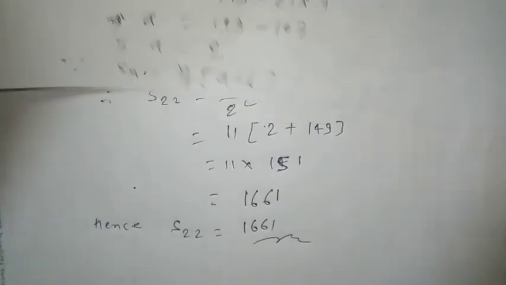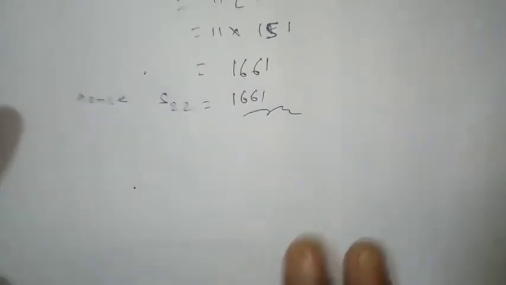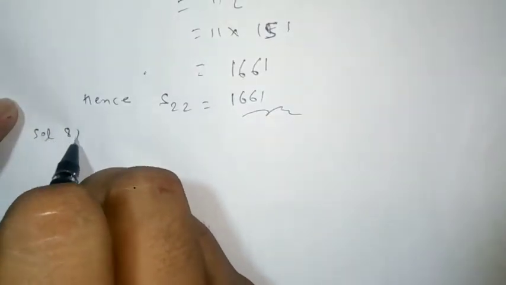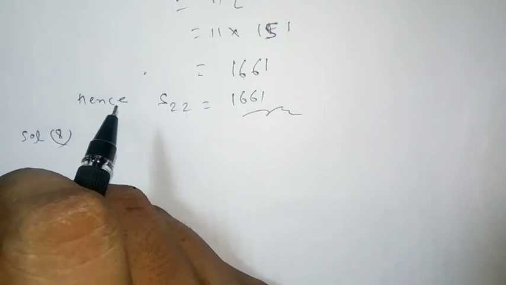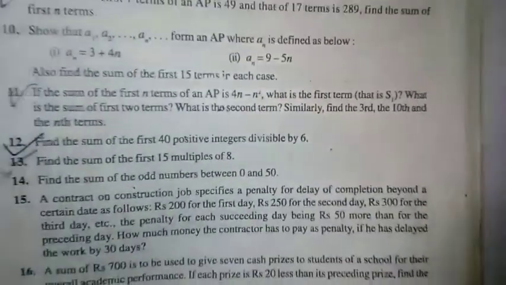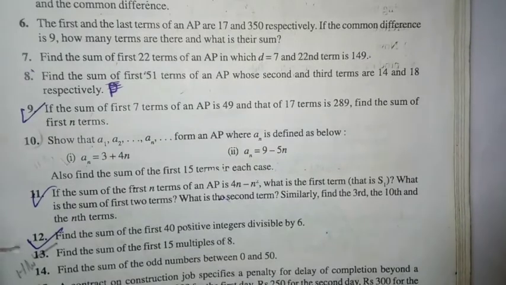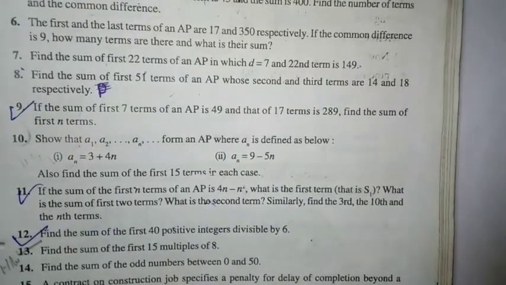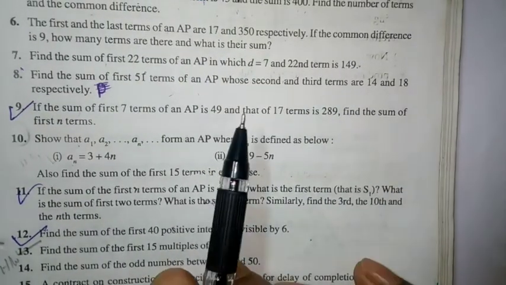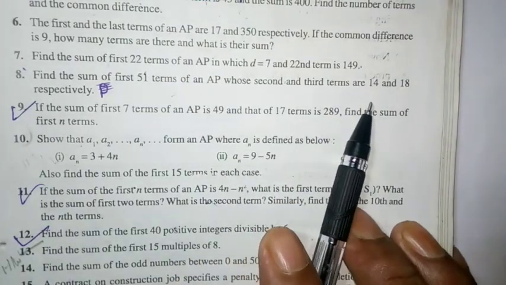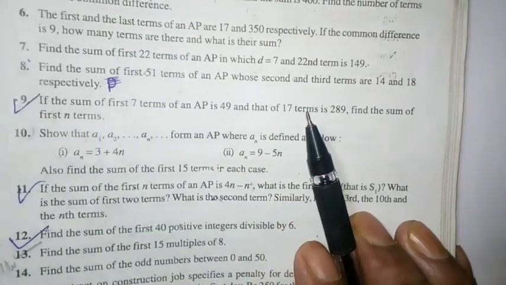Now the next question, question number 8. Find the sum of first 51 terms of an AP whose second and third terms are 14 and 18 respectively.